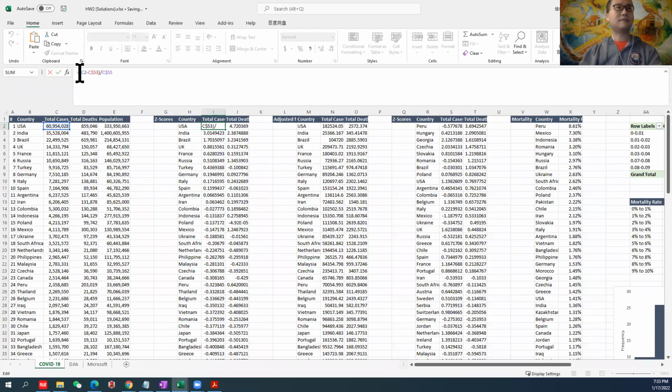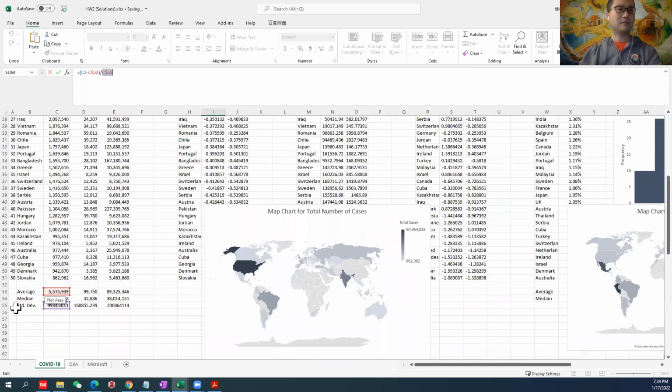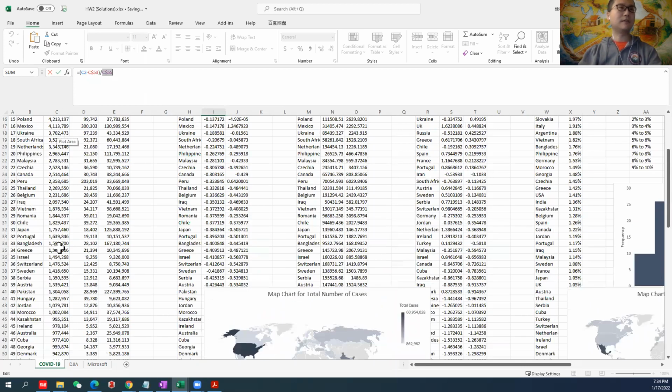This difference becomes the numerator. Then we have a denominator, which is the value contained in cell C55, the standard deviation among the 50 countries in terms of the total number of cases.